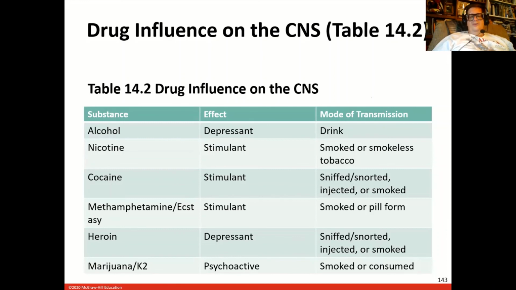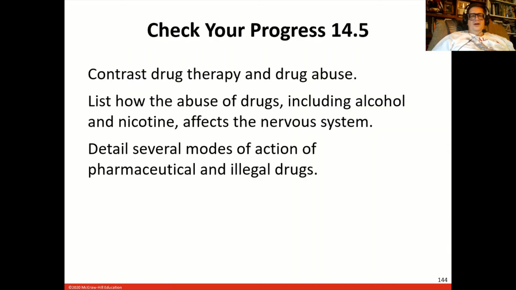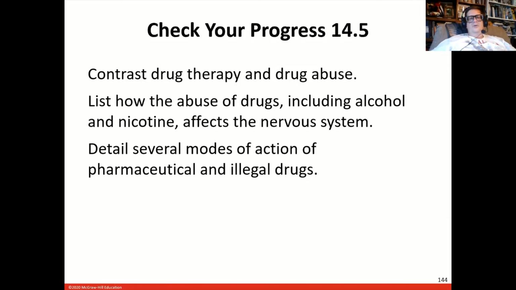It summarizes what we just went over, what the controlled substance is, what the effect is, and how people take it or use it or abuse it. And I would recommend that you know all of that table. Here is a check your progress, and that's the end of this video, so I'm going to stop now.